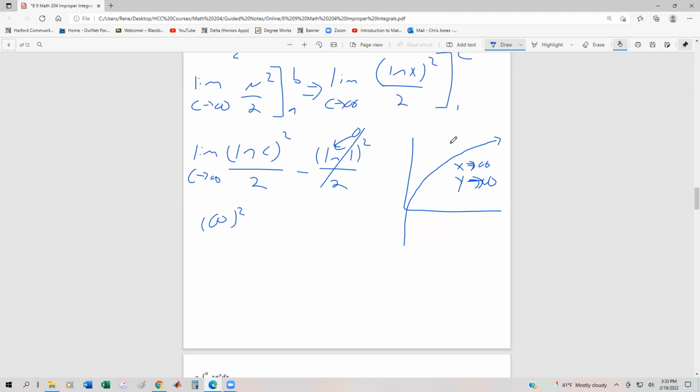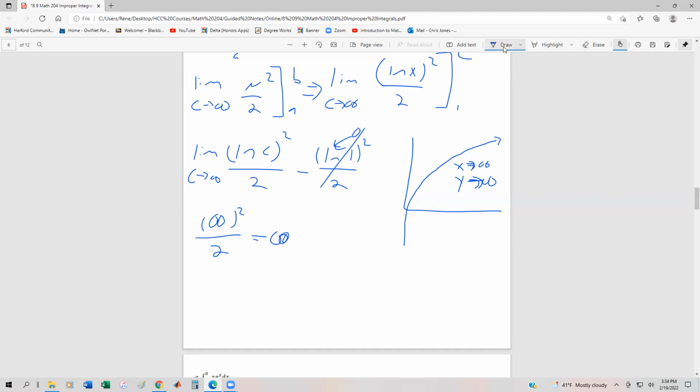So we get infinity squared over 2. I know that's not the right way to write it, but maybe thinking about it that way is helpful. And this is just going to turn into infinity, because if we square infinity and divide it by 2, it's still infinity. Now, what that means is that this integral is divergent.